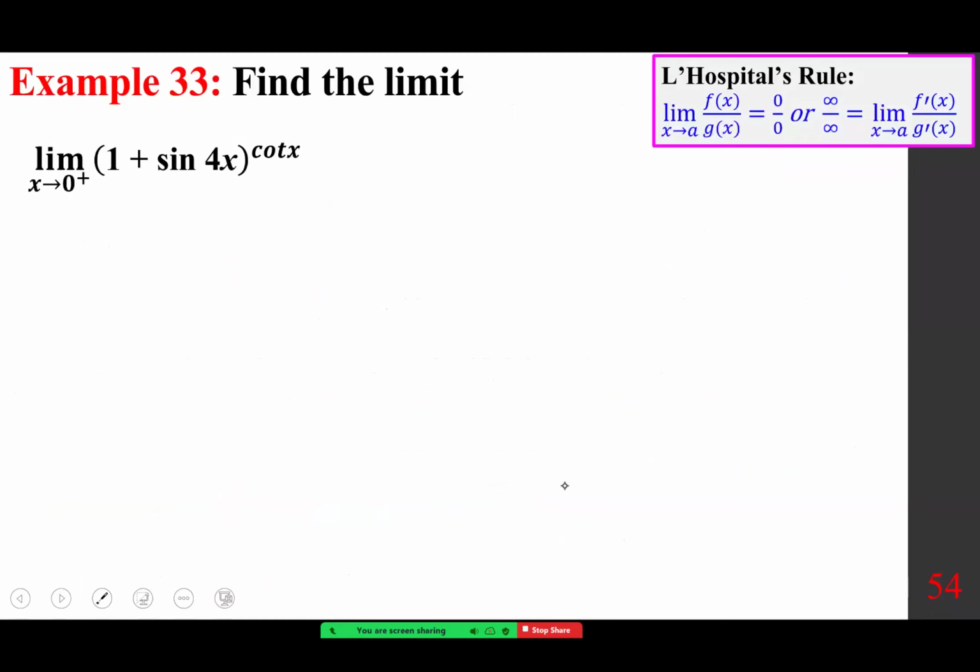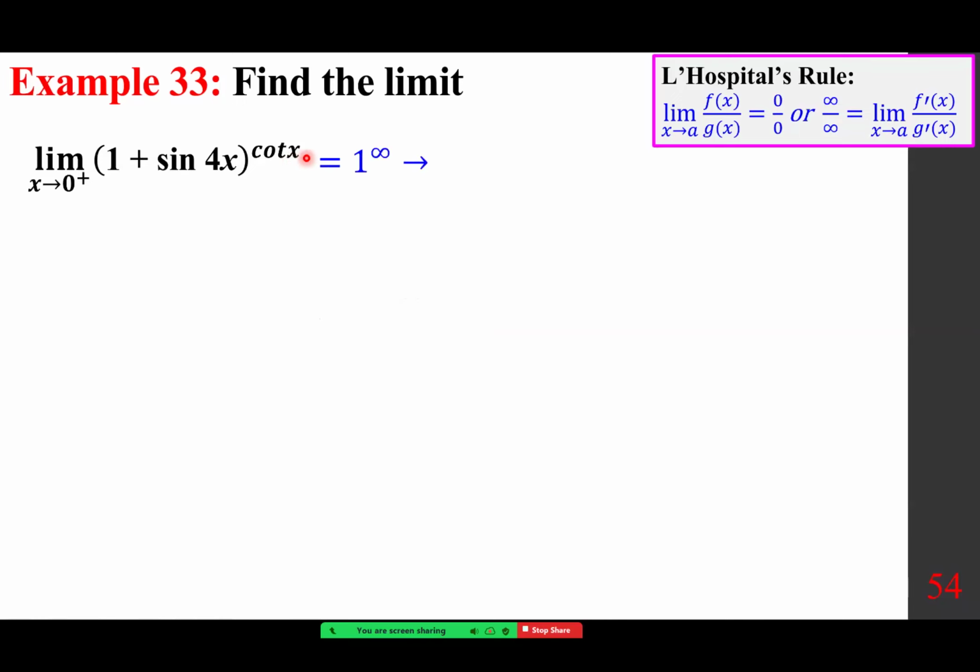So for example, the limit of 1 plus sine 4x to the power of cotangent x as x approaches 0 from the right. When x is 0, 4x is 0, sine becomes 0, so this is 1. And cotangent of 0, if you recall, the graph looks like almost y equals minus x cubed, so that one is infinity. So we have 1 to the power of infinity.